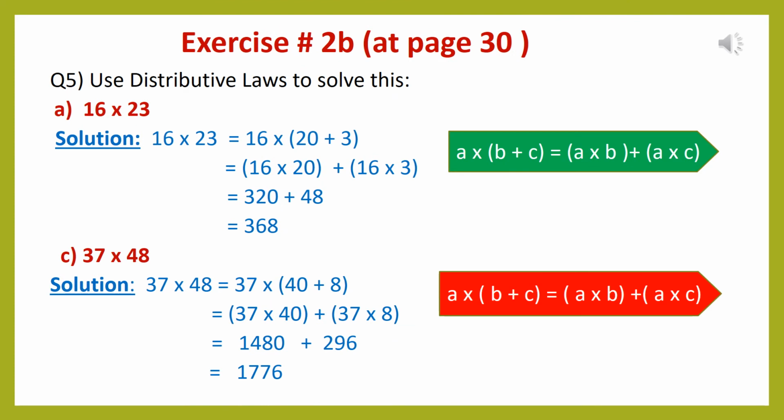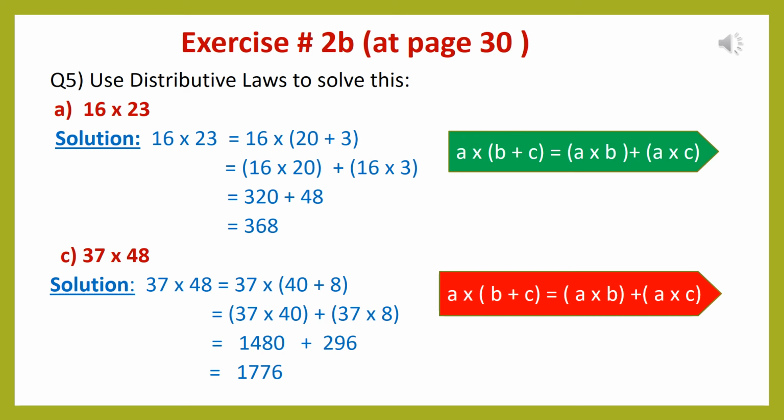Let's solve exercise 2b. In question number 5, we will multiply 2 numbers by using distributive laws. In the first part, we have 16 times 23. To make this multiplication easy, we will break 23 into 20 plus 3, and then we will use the distributive law.